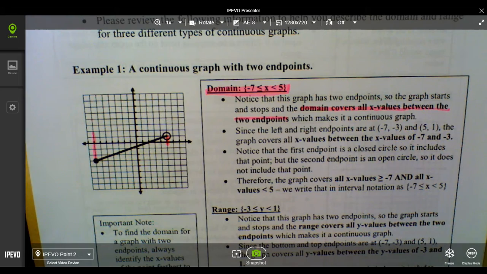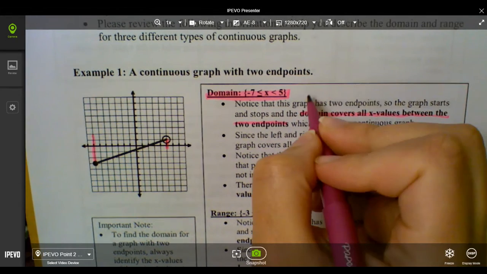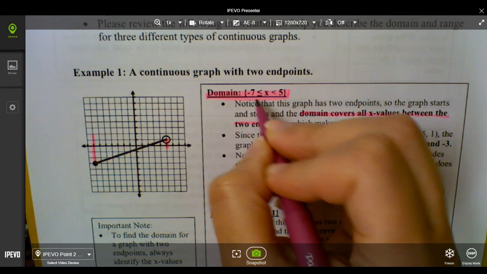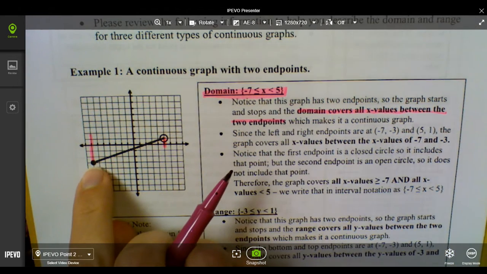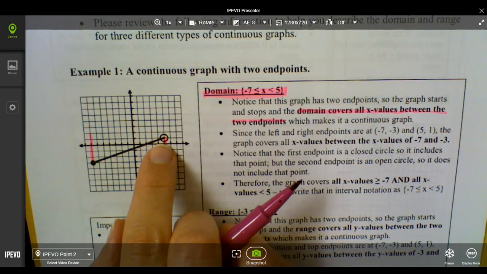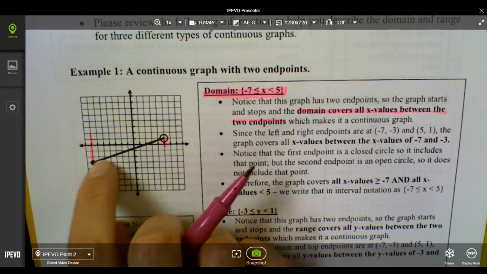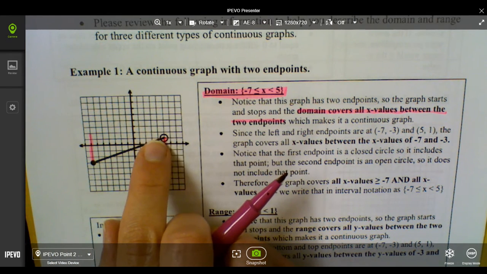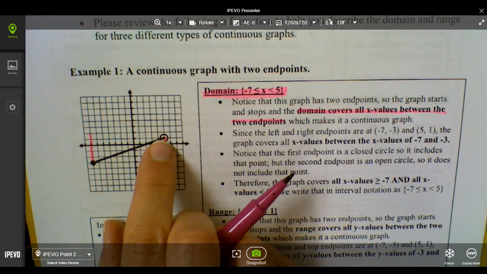When we were writing these before, we were always writing them with the less than or equal to sign. Since this dot is closed, that means this is exactly at -7. -7 is definitely covered on this graph. But since this dot is open, that means that this line is approaching +5, but it does not include +5.